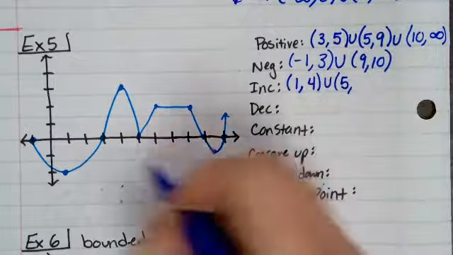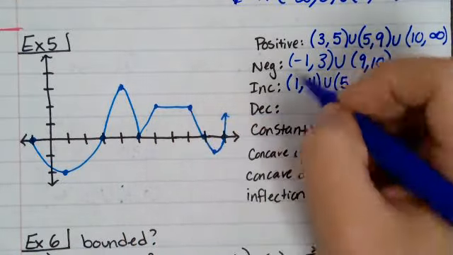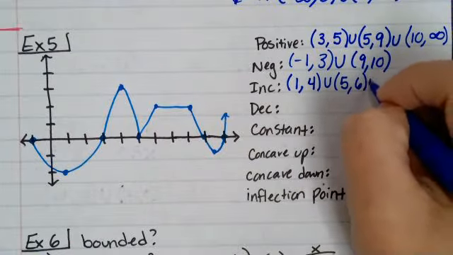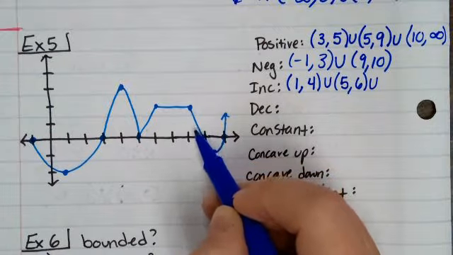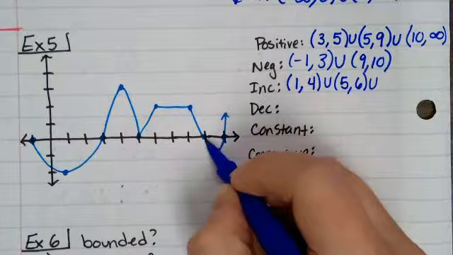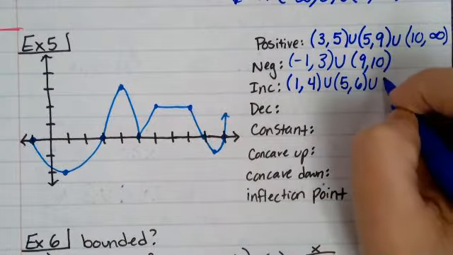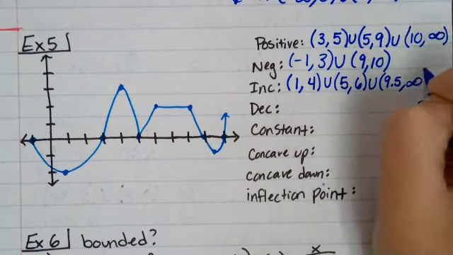So from 5 to 6, it increases. Then it remains constant. It begins to decrease, and it does not begin to go back up until right here at about 9.5, all the way to infinity.